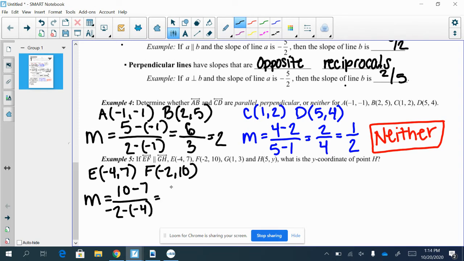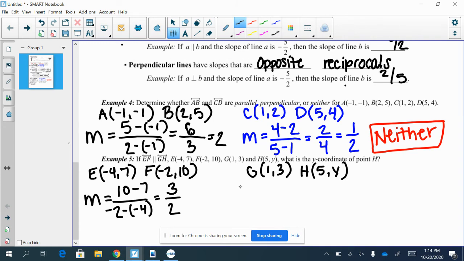So 3 over 2. Now we have to find the y coordinate of point H, but we know the slope. So G is at (1, 3). H is at (5, y).